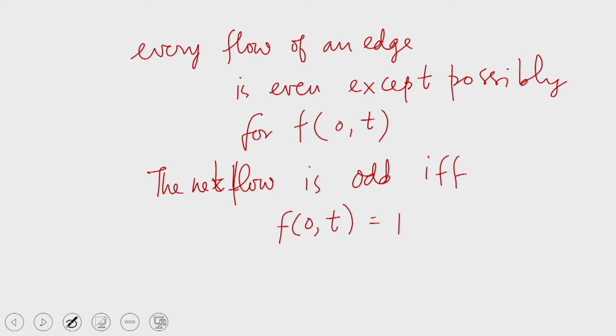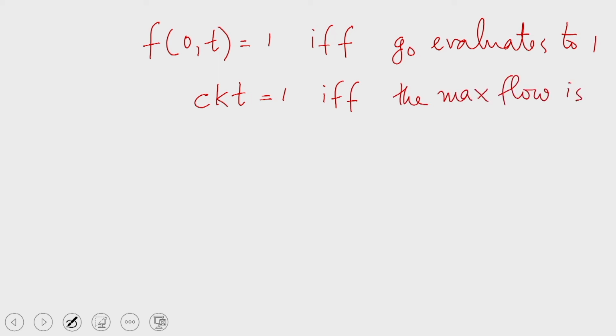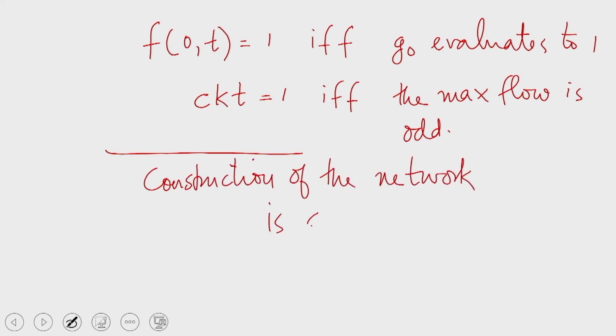But then when is f of 0t 1? f of 0t is 1 if and only if G0 evaluates to 1, or in other words, the given circuit evaluates to 1 if and only if the max flow of the network that we constructed is odd. Now, we can easily see that the construction of the network is done in NC.